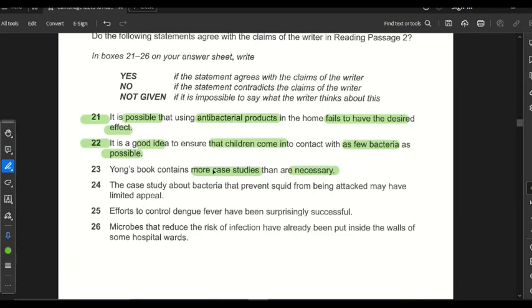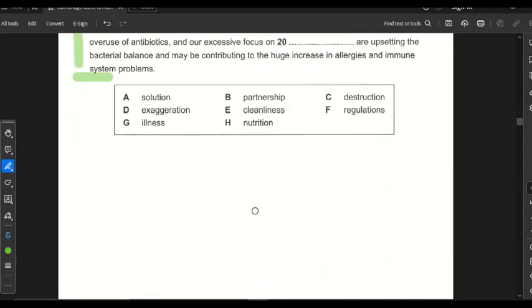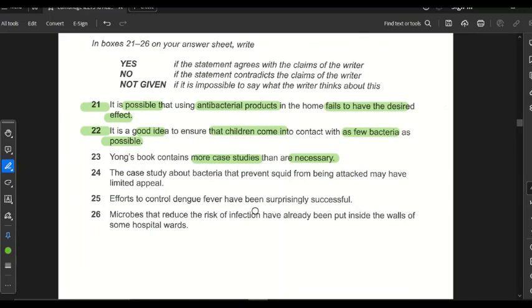So all this that we have read, and it talks about the book containing more case studies than are necessary. Did it explicitly say there are case studies, right? I said among the less appealing case studies. Fine. So some of them are less appealing, and it goes ahead and describes the less appealing ones, but it doesn't say they are unnecessary or that Young's books contain more case studies than are necessary.